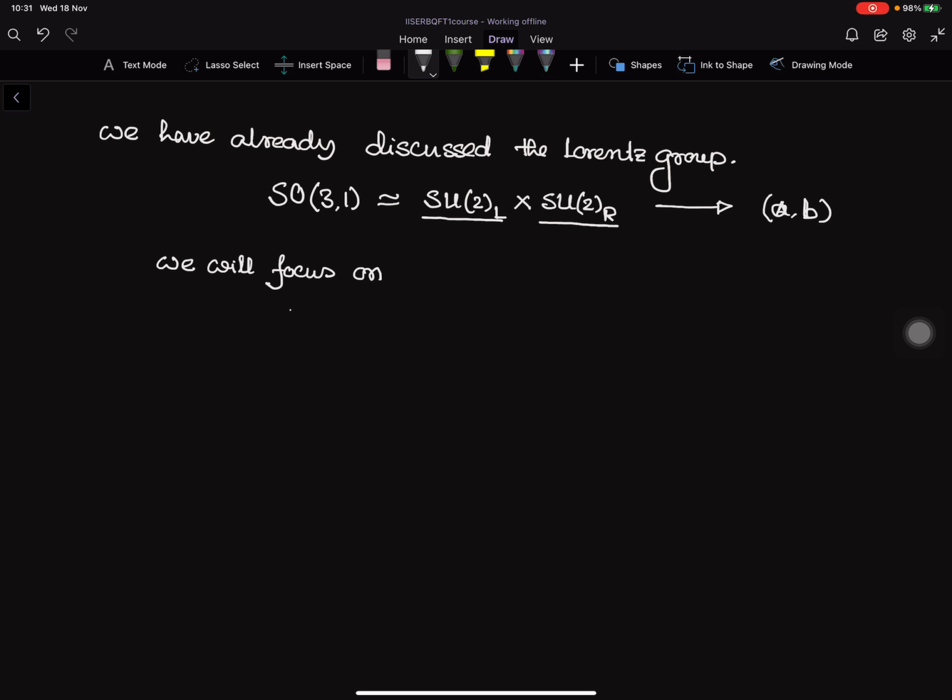So in this lecture we will focus on two particular representations. One is called half comma 0. This is a two-dimensional representation, and it is often called the left-handed spinor.